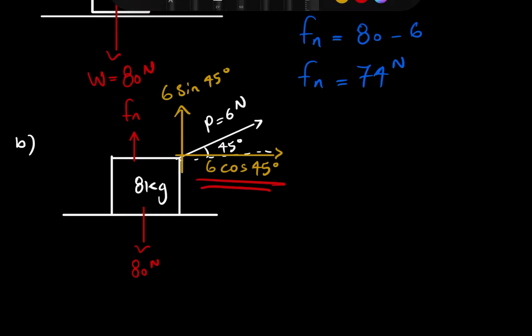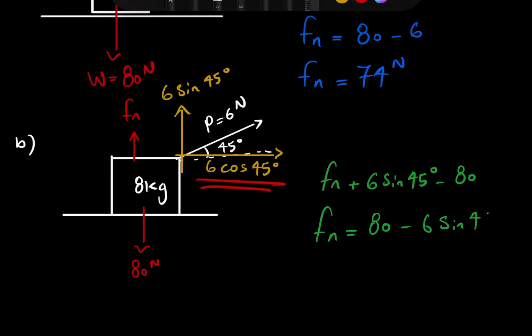Now, let's plug in the numbers to see which ones are in the same direction. Obviously, Fn is in the same direction as 6 sine of 45, so they're going to be added. And that's going to be equal to the 80 newtons, which is on the other side, or you can simply think about it as minus 80 newtons. But at the end of the day, it moves to the other side. So the normal force is simply equal to 80 minus 6 sine of 45 degrees.